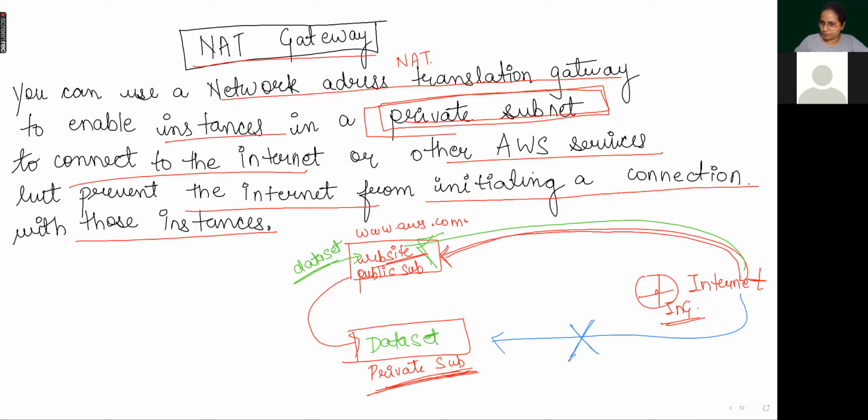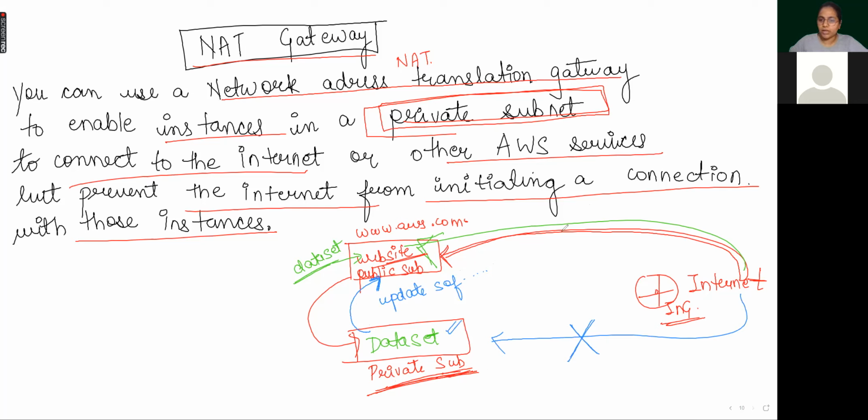Nobody can. But what is our requirement? We want this data set to be updated, for example when an update about some software comes up. So this data can be updated using the internet.